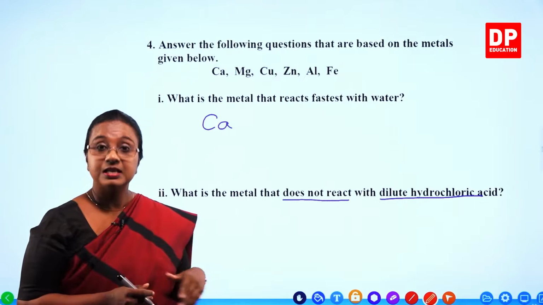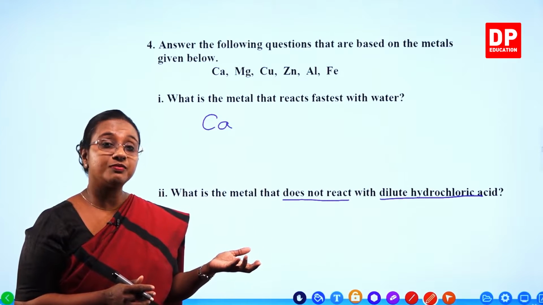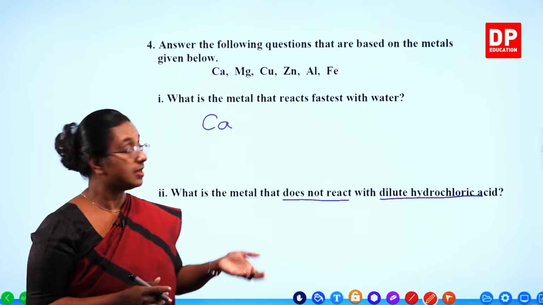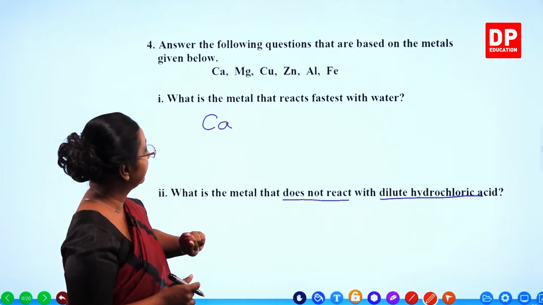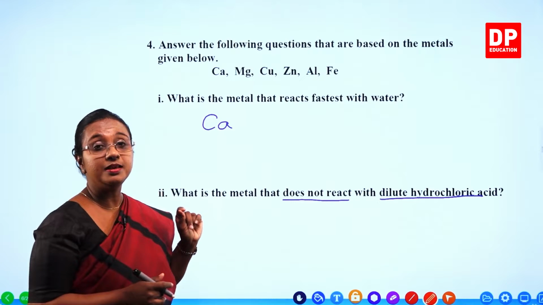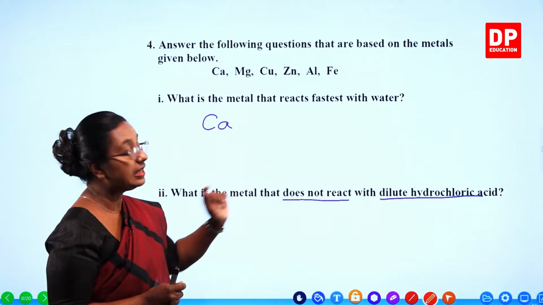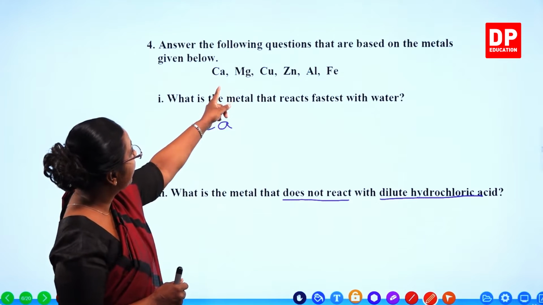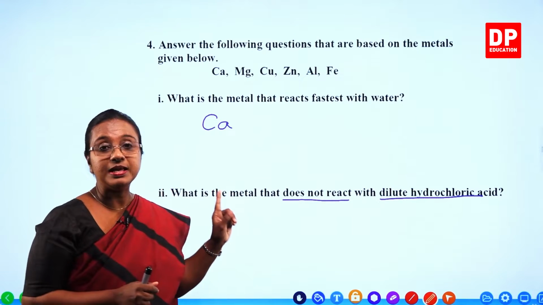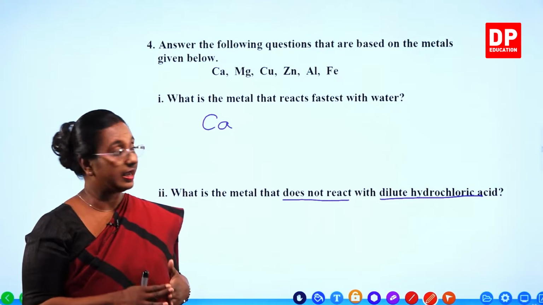Zinc, yes, the bubbling was fast, the liberation of hydrogen gas was fast, something similar to magnesium. Aluminium also reacted quickly with dilute hydrochloric acid. So magnesium, zinc and aluminium react fast with dilute hydrochloric acid.